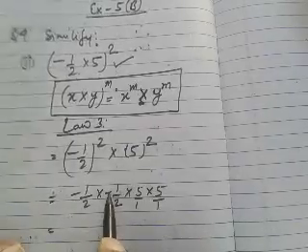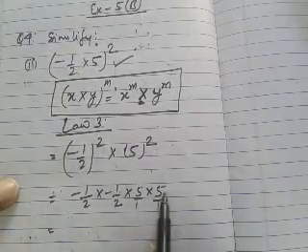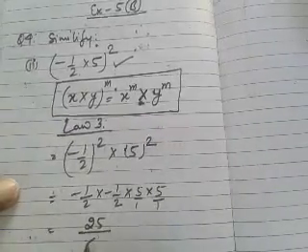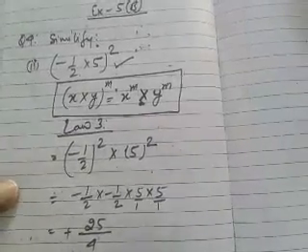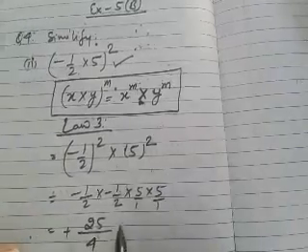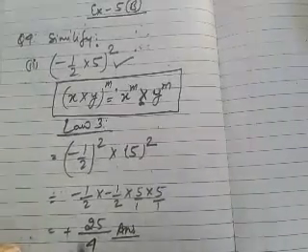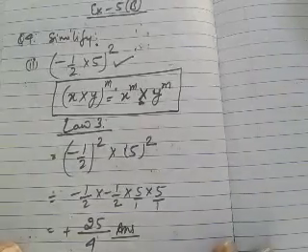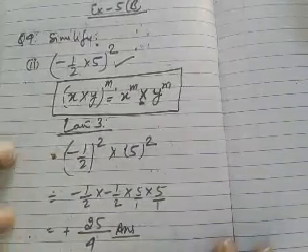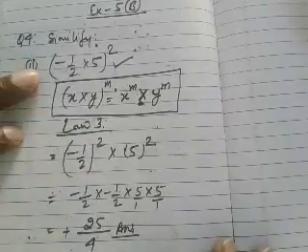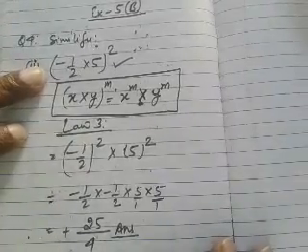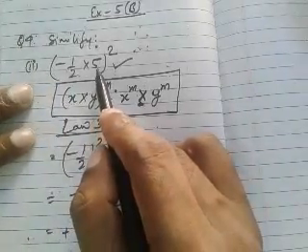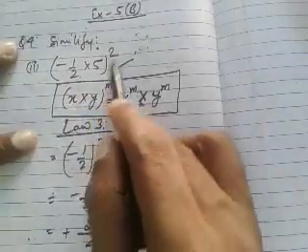So minus minus plus, and 5 5 are 25 and 2 2 are 4. So the answer will be plus 25 upon 4, the solution of this expression, minus 1 upon 2 multiply 5 raised to the whole power.